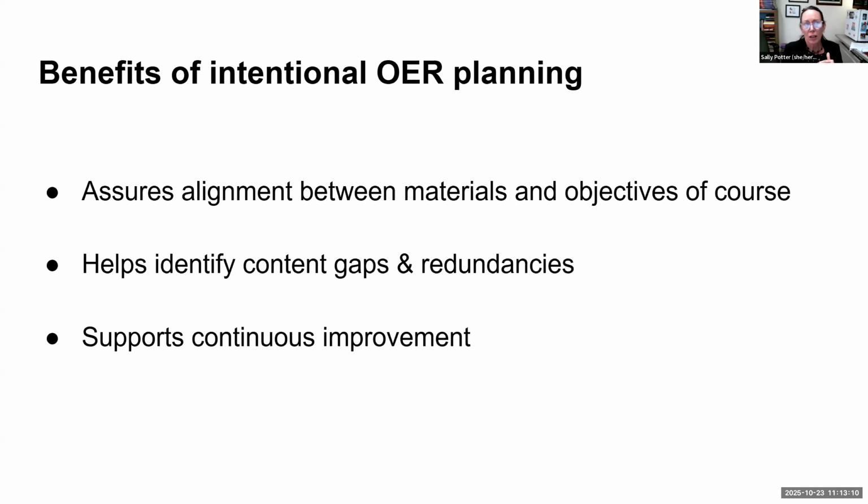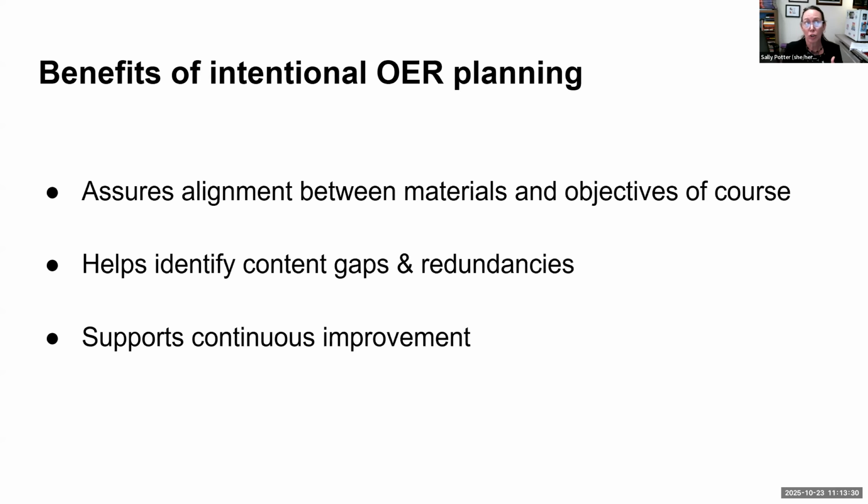So this idea of making a map for your course really is going to help you to look at what are the gaps that you're not covering from your COR. What are some things that you're maybe covering too much or maybe that you shouldn't be covering?